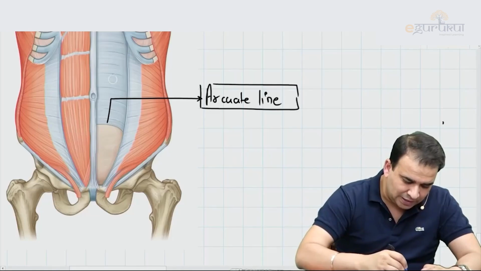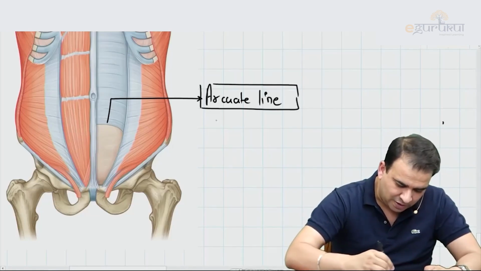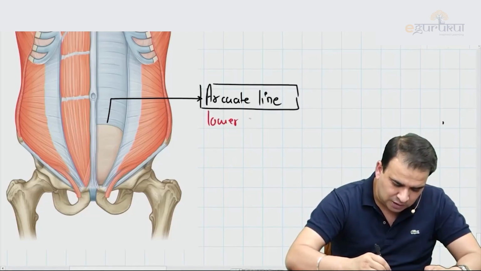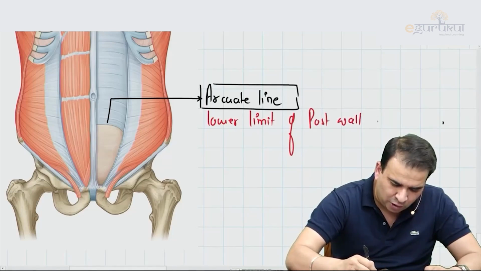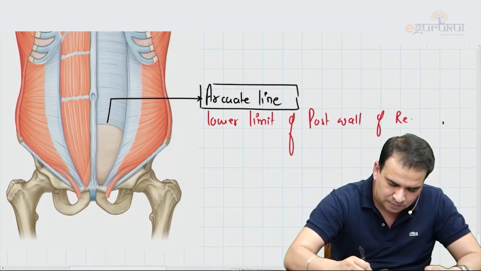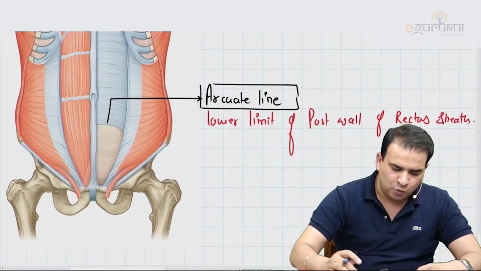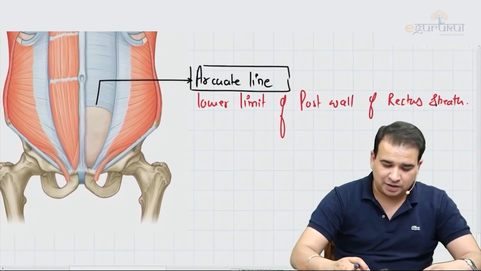Arcuate line or linea semicircularis is basically the lower limit of the posterior wall of the rectus sheath.